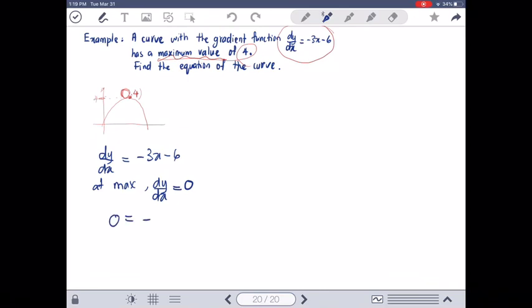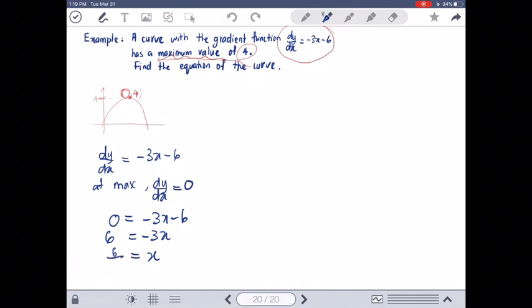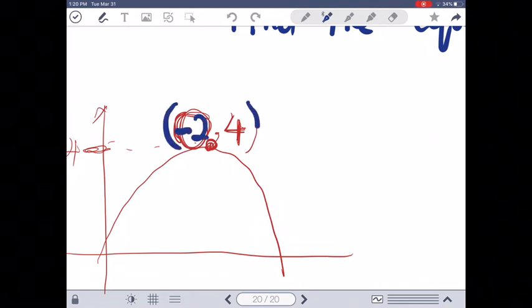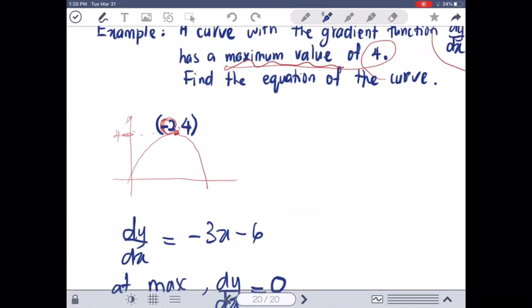Therefore, 0 is just equal to negative 3x minus 6. 6 equals negative 3x. So x equals negative 6 divided by negative 3. So x equals negative 2. So the x value for the maximum point is negative 2. So we have this coordinate, negative 2, 4.